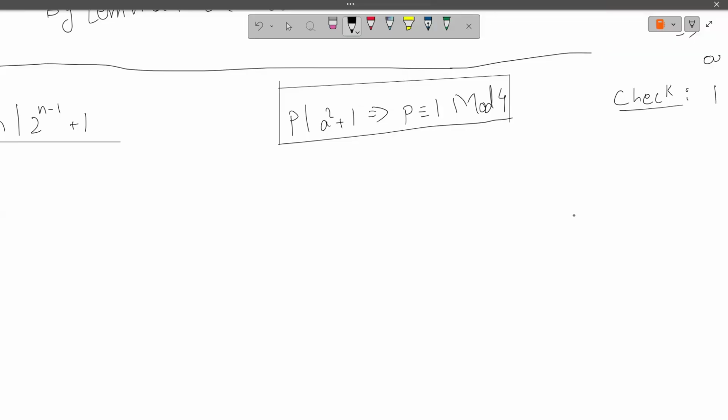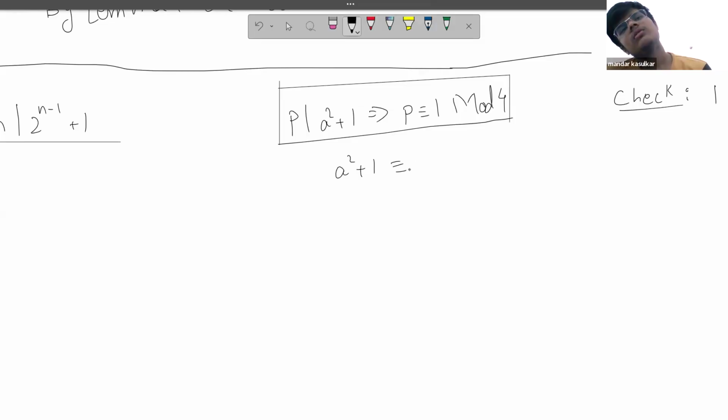Can you use a squared plus 1 congruent to 1? Yes, Akshar. Oh, wait. So if a squared plus 1 is congruent to 1 modulo some prime q, then that will be the same as saying that this happens.